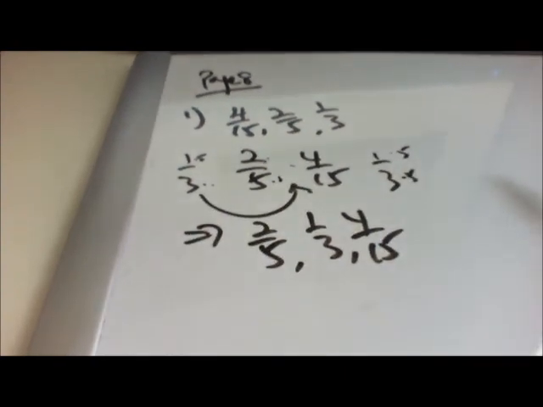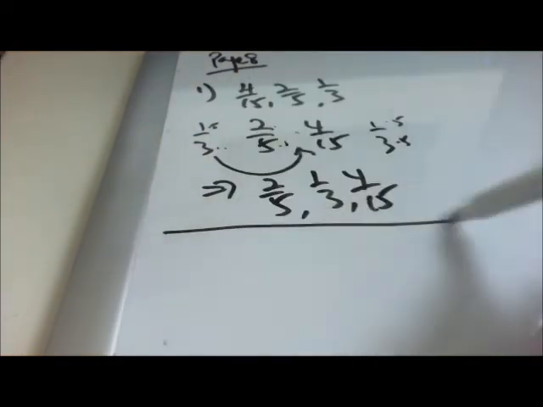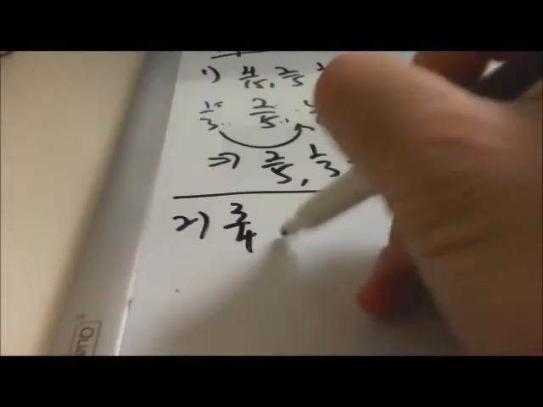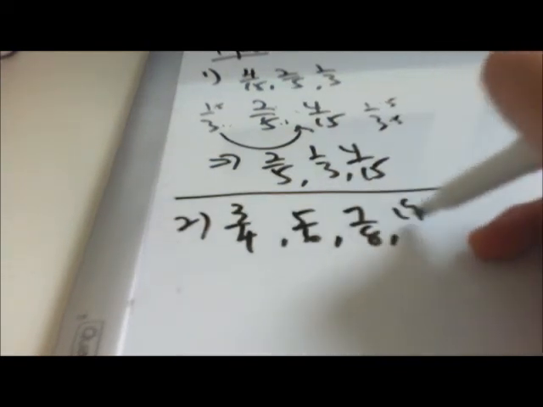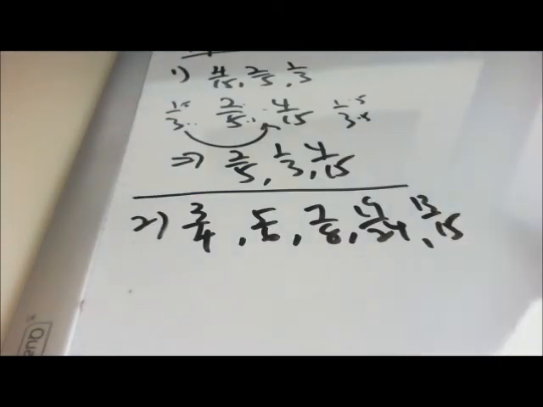Alright, so the next part, number 2. Which of the following fractions is the smallest? 3/4, 5/6, 7/8, 19/24, and 13/15.